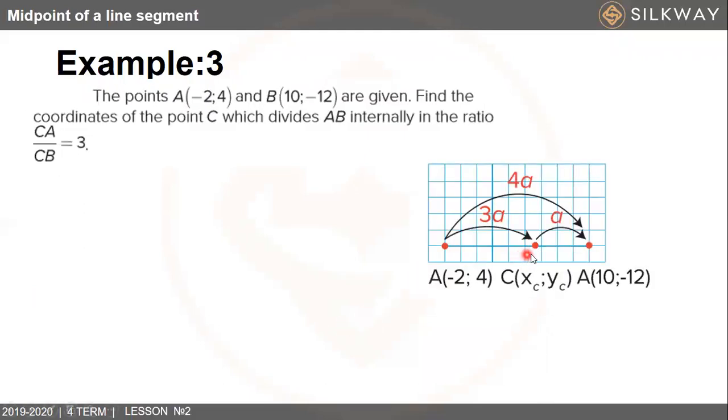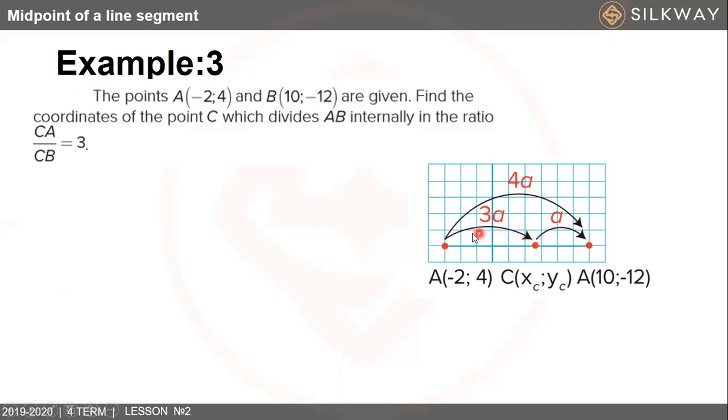Now you can see points A, B, C. So CA over CB is equal to 3.